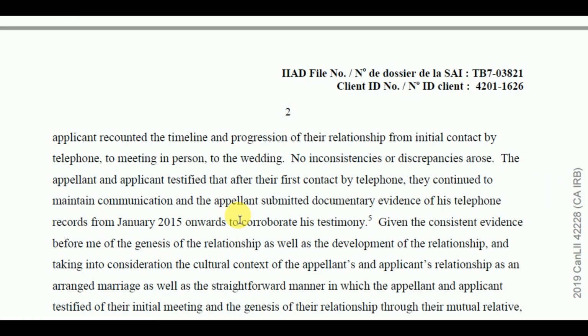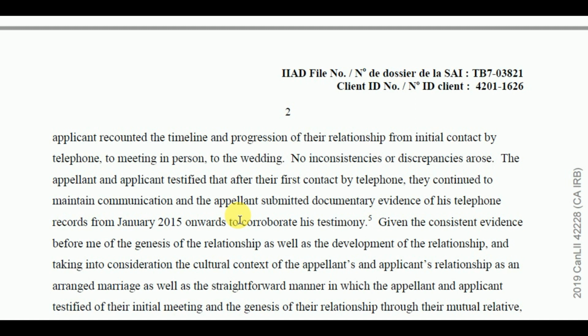The appellant and the applicant recounted the timeline and progression of their relationship from the initial contact by telephone to meeting in person. No inconsistencies or discrepancies arose. The appellant and applicant testified about their first contact by telephone and continued to maintain communication, and the appellant submitted documentary evidence of his phone records from January 2015 onwards to corroborate his testimony.